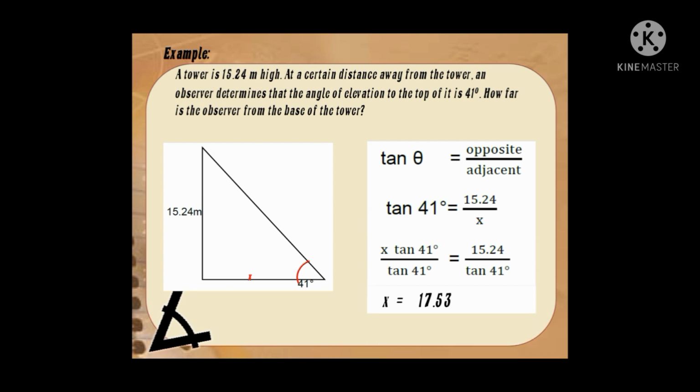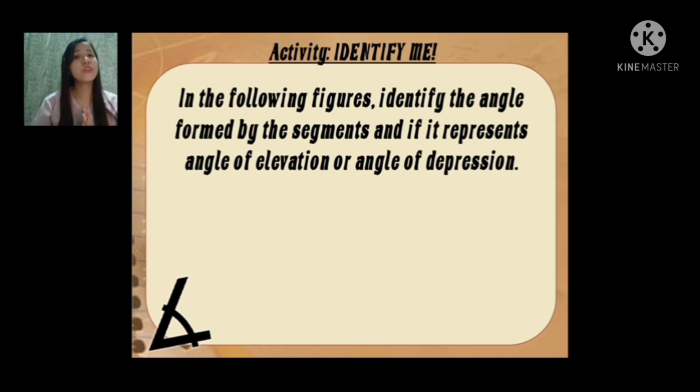And using a calculator, divide 15.24 by tangent 41 degrees. The answer is 17.53. Therefore, the distance of the observer from the base of the tower is 17.53.